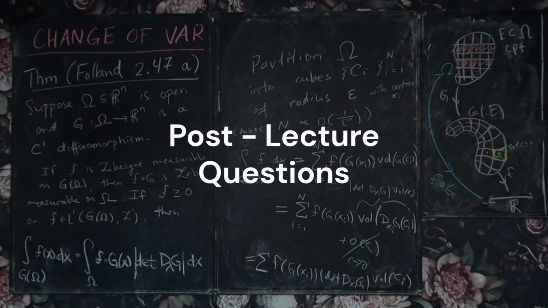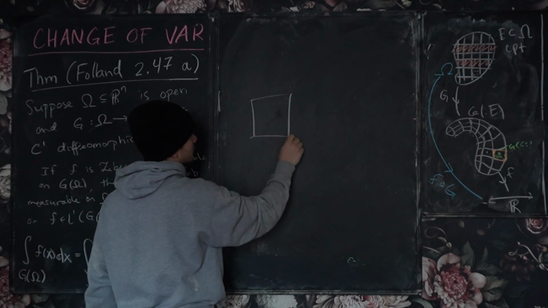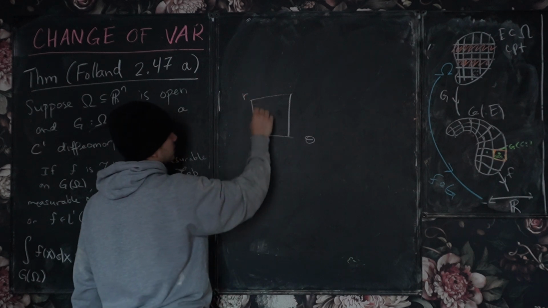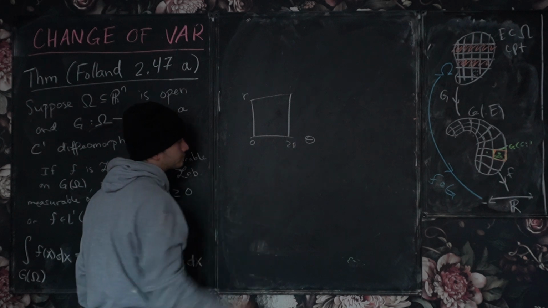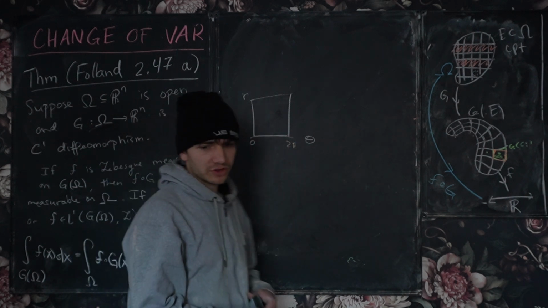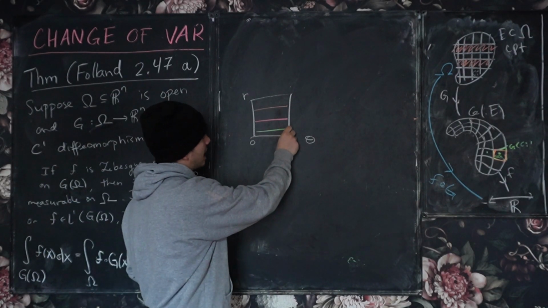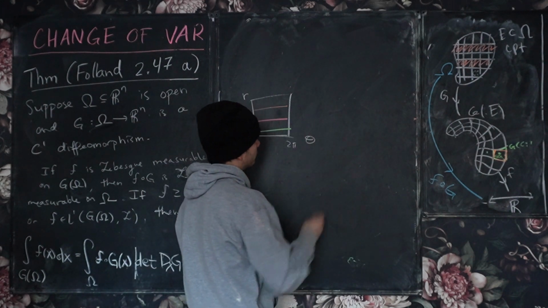I think spherical coordinates are a cool example, if we go back to that example real quick. We had this square in the theta r plane, with 0 and 2 pi here. Each of these lines is going to get mapped by the function g.